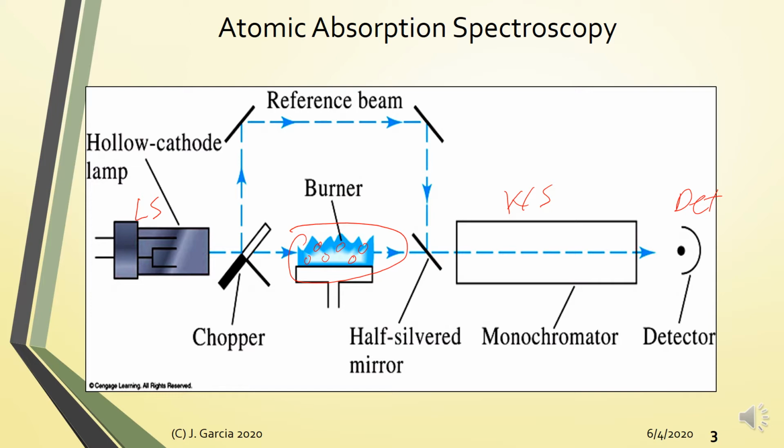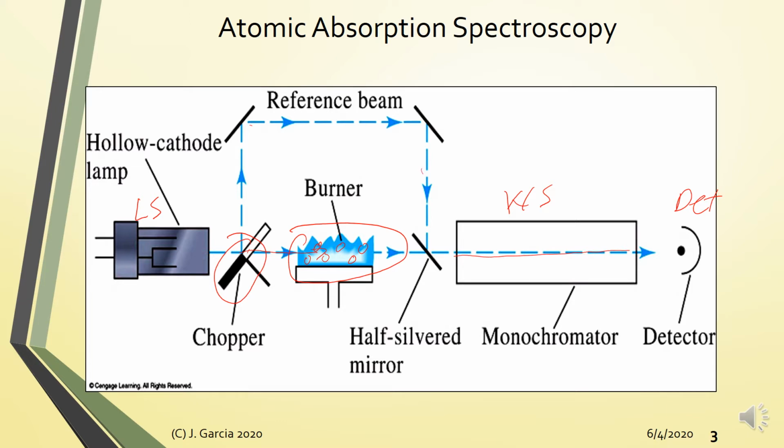As you can see from this setup, this is actually a double beam setup. So you have here a beam chopper. From the beam chopper, you divide the incident light. The first half goes through the flame, the sample holder, while the other one goes unimpeded, through an optical pathway towards the monochromator and the detector.